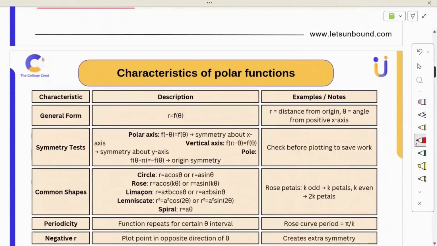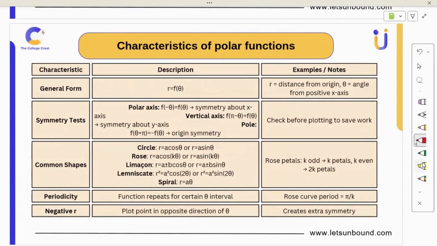Now, characteristics of polar functions. We will be using these characteristics while solving problems on rate of change. The general form of a polar function is r is f of theta, r is the distance from the origin, theta is the angle from the positive x-axis. I repeated this many times. Now, the symmetry tests. Polar axis symmetry will satisfy this condition: f of minus theta is f of theta, then it's symmetric about the x-axis or polar axis.